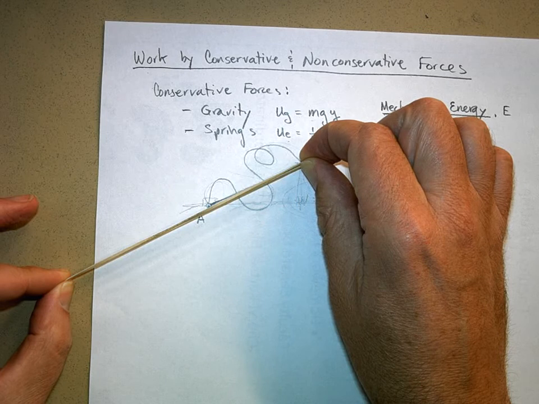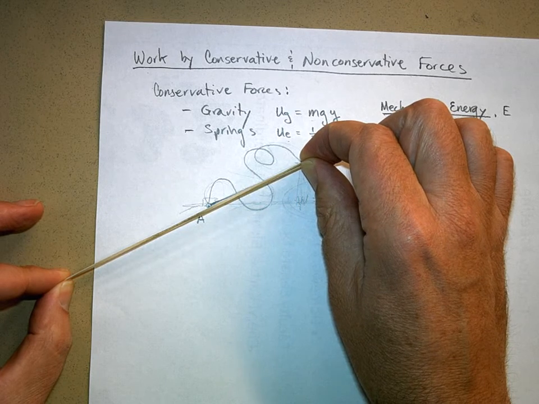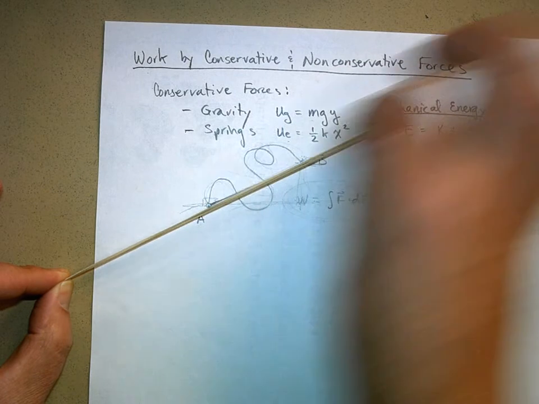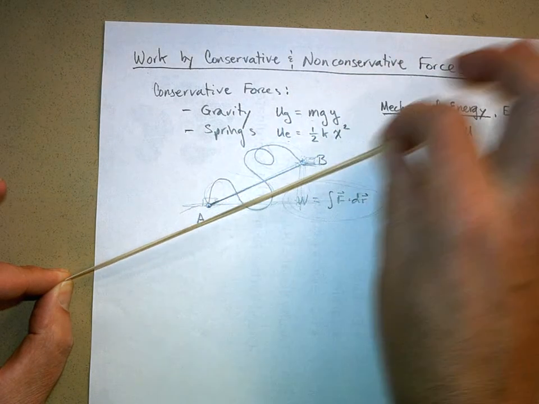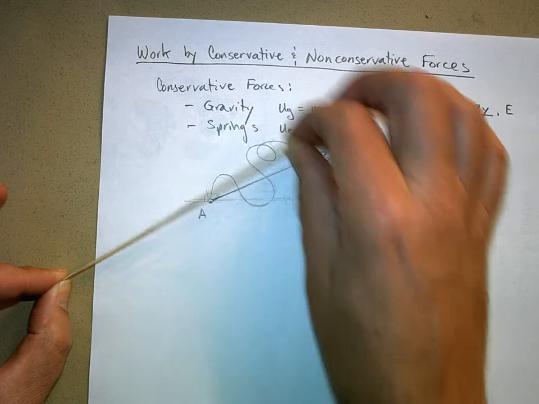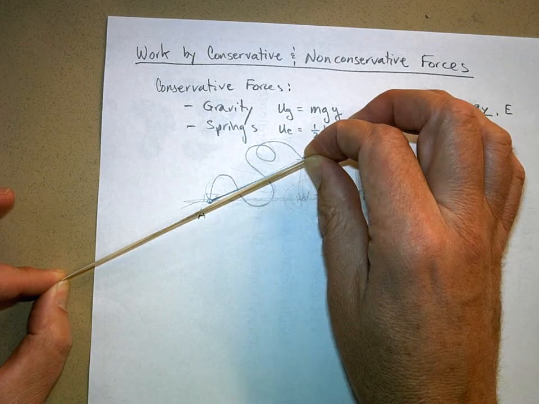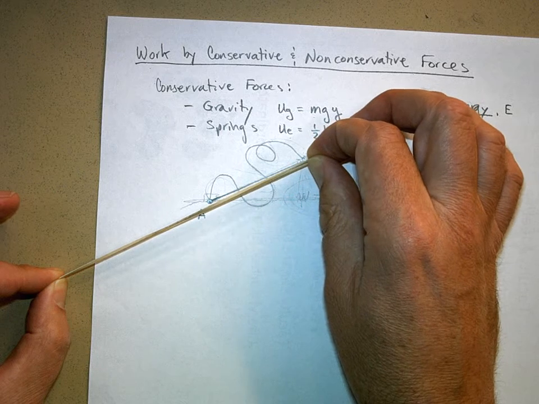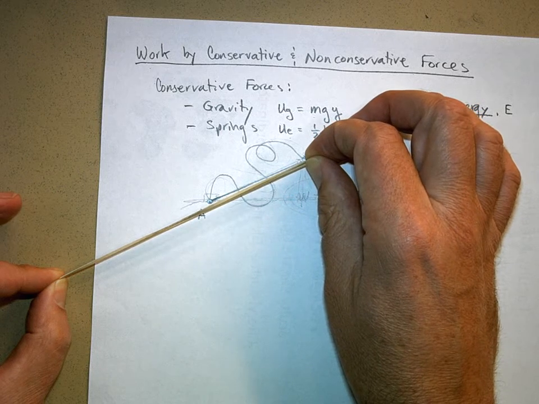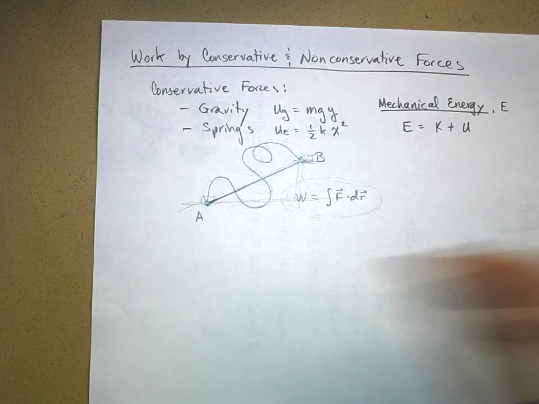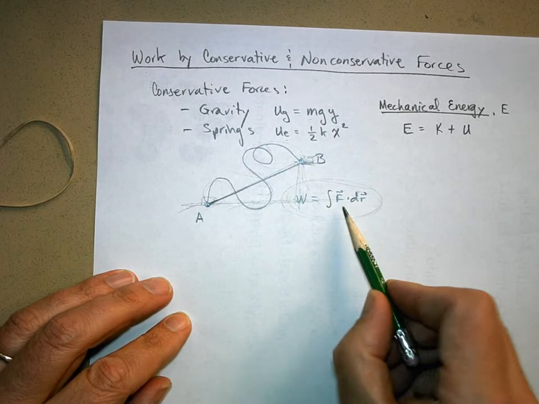Well, here's what we mean by a conservative force: if I go like this, look at this path, I'm just going all over the place. I can even go off to the side. If I go from A to B, the spring force, or the elastic force of the rubber band, did the same amount of work as if I just do this. Now that's because of this line integral right here.